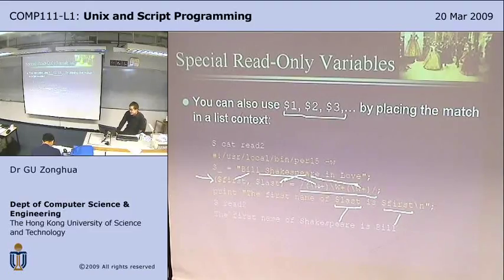If you have, say, three parentheses with two variables on the left, then you match the first, assign the first two parentheses to the variables and throw away the last. If you have fewer parentheses on the right than the variables, then the variables get undefined.